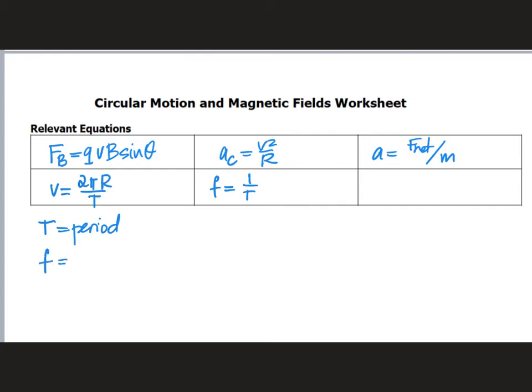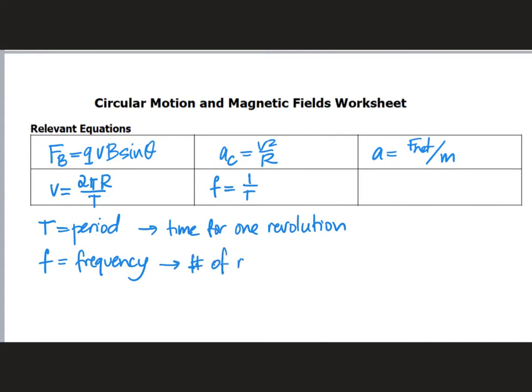So f is the frequency. To review from last semester, the period is the time for one revolution, one time around the circle, and the frequency is the number of revolutions per second.